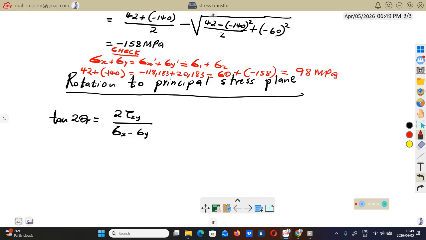So all these three stresses, the sum of those two will give you 98. That means your stresses are right, they are well balanced.